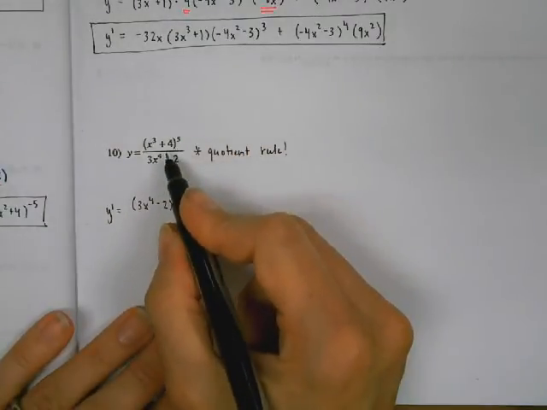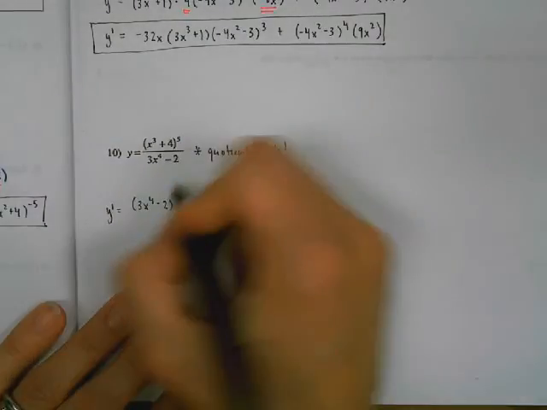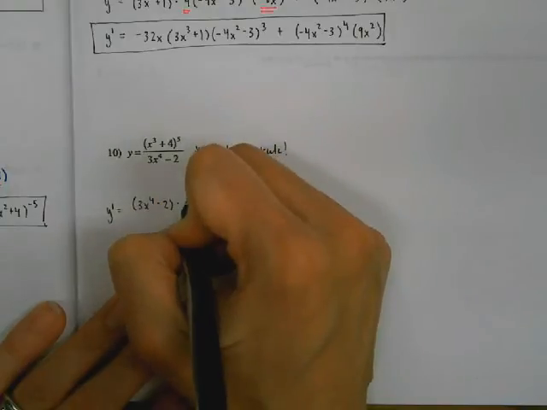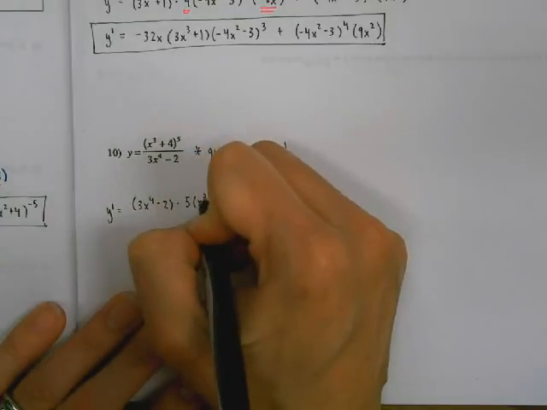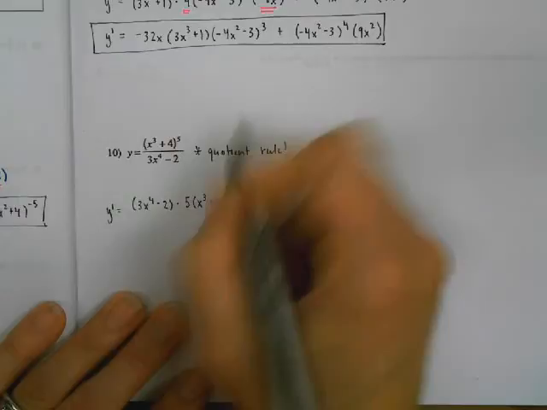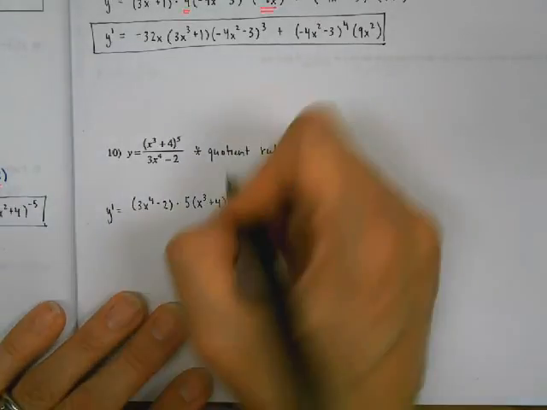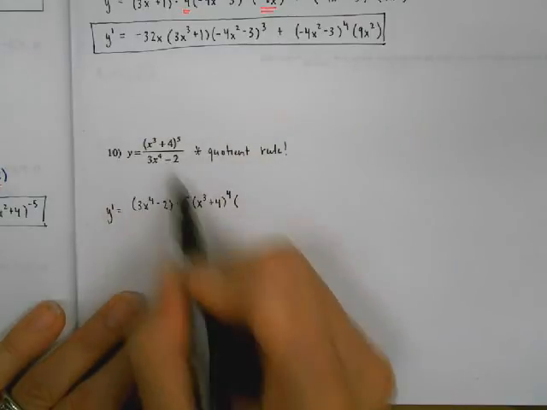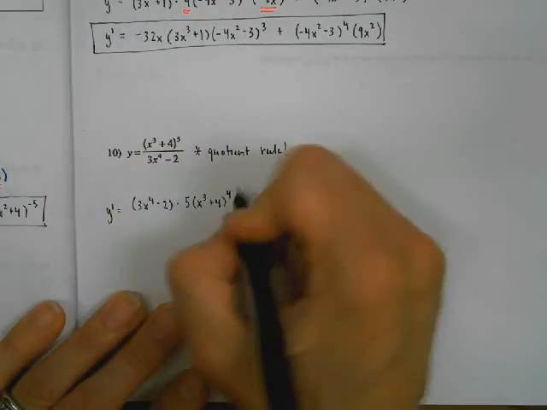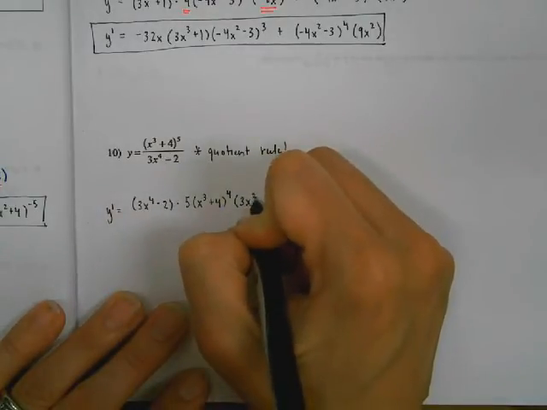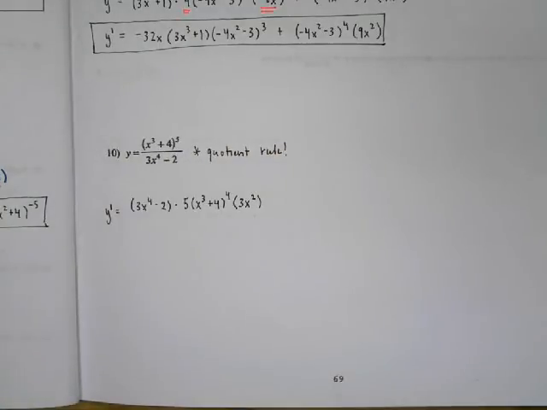Now when we do d high, we have chain rule up top. So we're going to do times 5 times the quantity x cubed plus 4 to the fourth power. We subtract 1 from our power. And then we're going to multiply by the derivative of our inside function here, which is 3x squared.